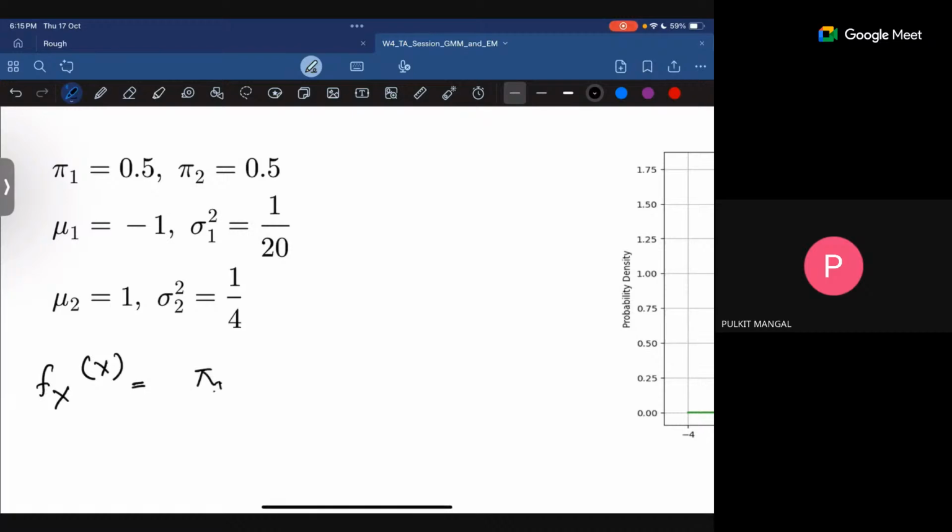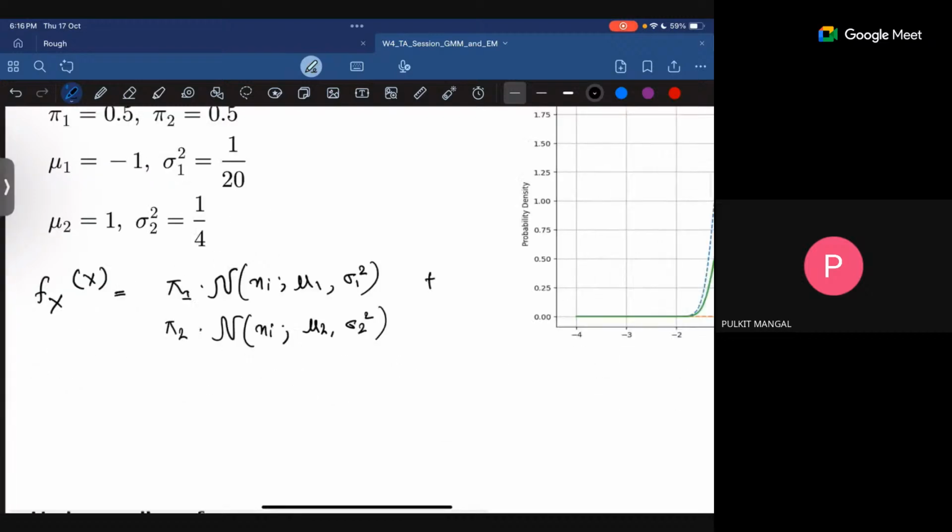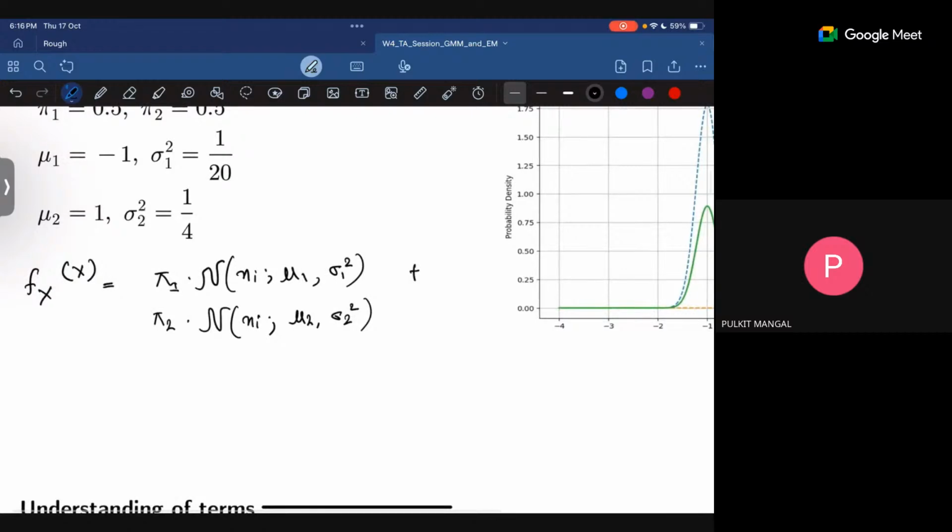It will be pi1 times the normal density of your data point xi given mu1, sigma 1 square, plus pi2 times the normal density given mu2, sigma 2 square. Is this density part clear? How will the density for the normal distribution look here?